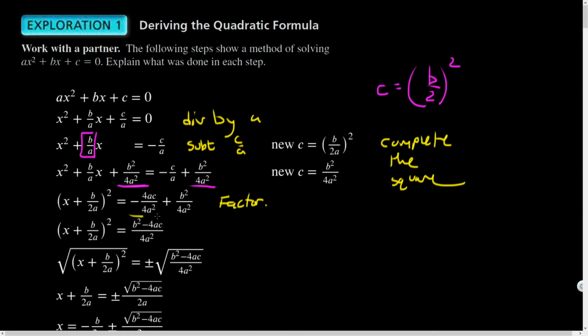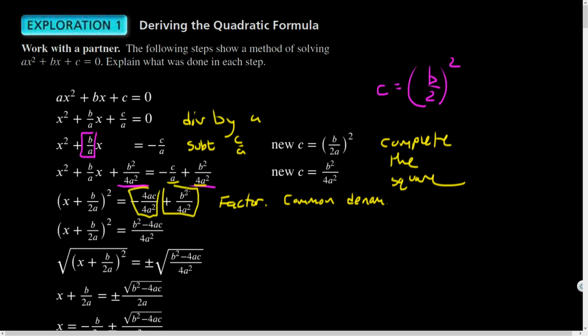And on this side, what happened? Well, we had negative c over a plus b squared over 4a squared. It looks like I found a common denominator. Boom. On the right side, we added these two fractions.